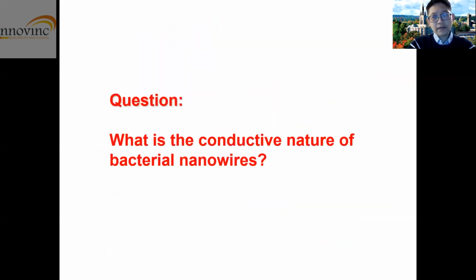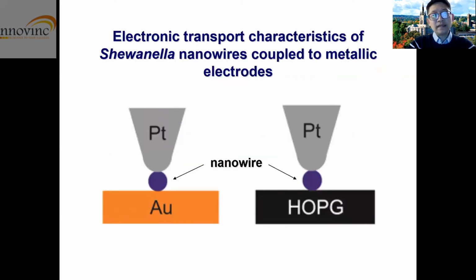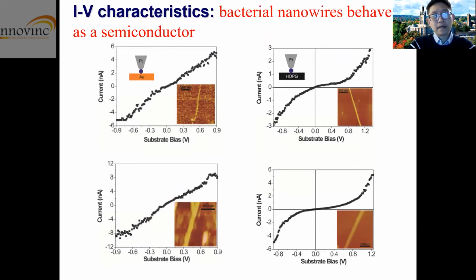Our next question is, what's the conductive nature of the bacterial nanowire? We did a similar conductive AFM experiment on two substrates. One substrate is gold, another substrate is HOPG. We found that on HOPG, we get this nonlinear IV curve.